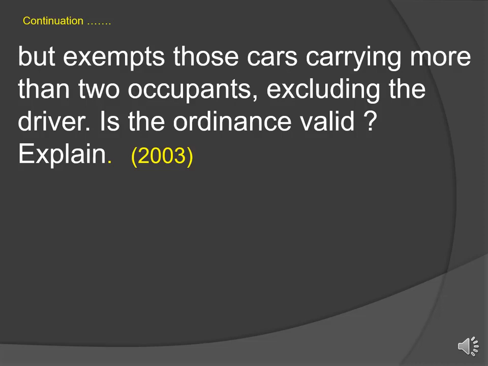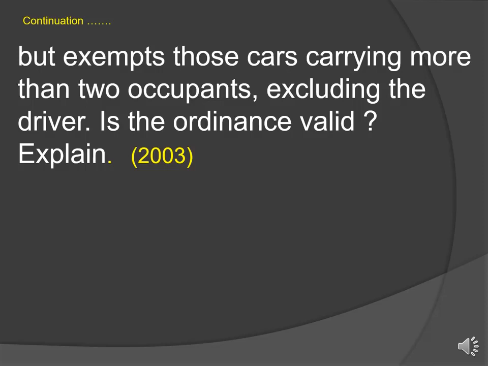So let's go back and have a look at the question from the very beginning, analyzing again the set of facts as we encounter them in the light of the questions asked at the bottom of the problem. So the question is, is the ordinance valid? So when you look at this question, is the ordinance valid? Automatically, your mind should race to determine what are the requisites in order to make a valid ordinance.